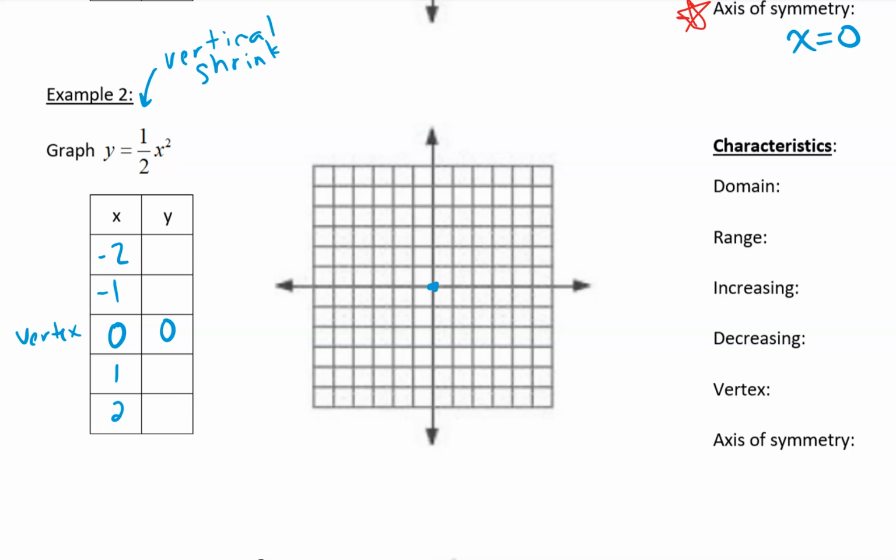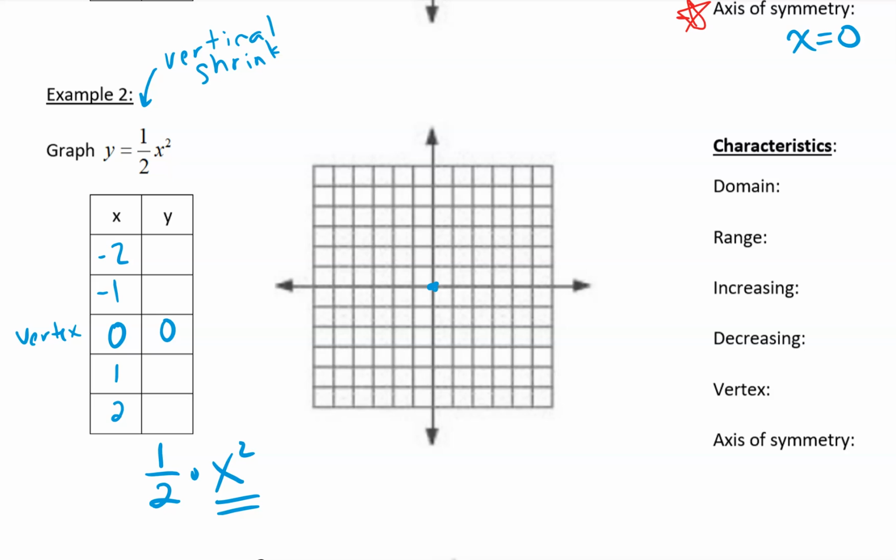And now I'm going to plug those x values in. Remember that we do exponents before we do multiplications. So for this, you're going to do 1/2 times x squared. Be sure you do the x squared part first.